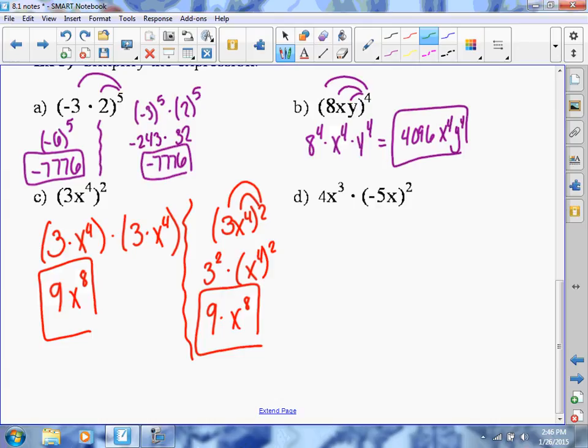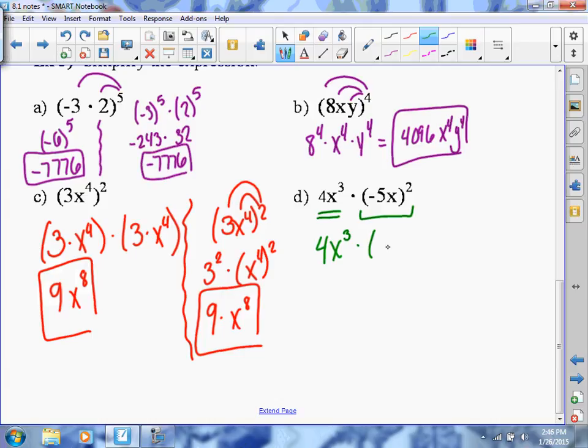So we're going to do that again, that concept from part C, we're going to do that again here for this part of D. But we also have another term out front. Well, we're just going to leave that 4x to the third because it's going to get multiplied by whatever we get when we do the negative 5x squared.